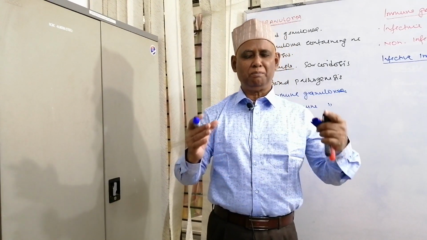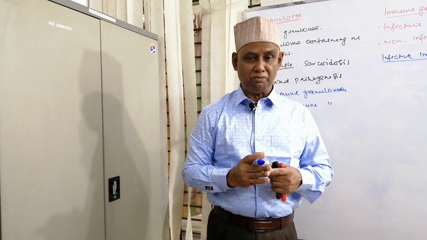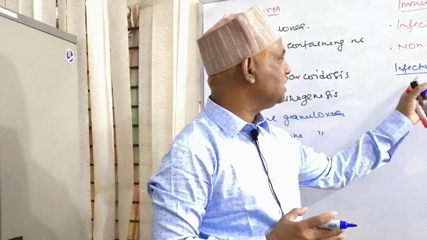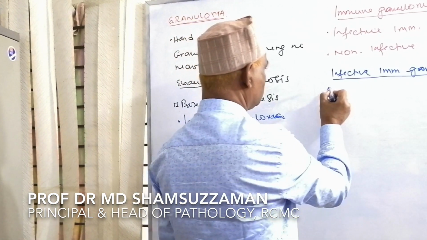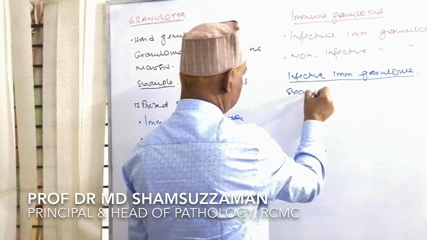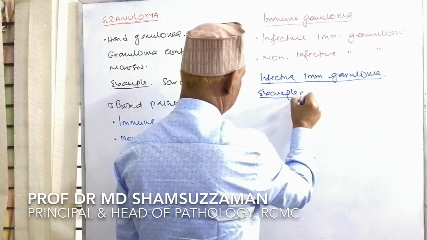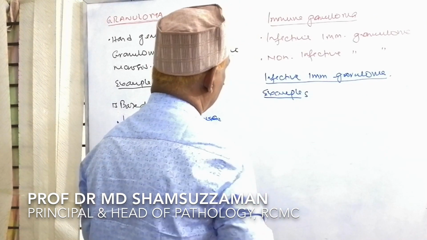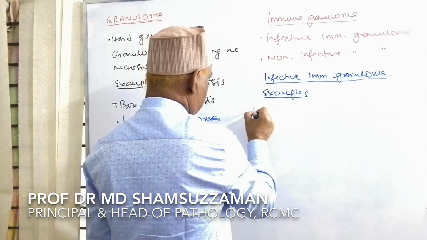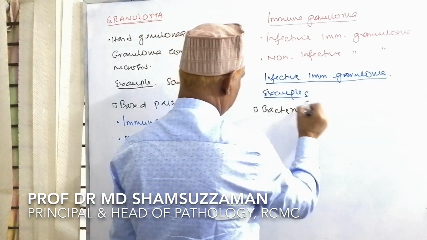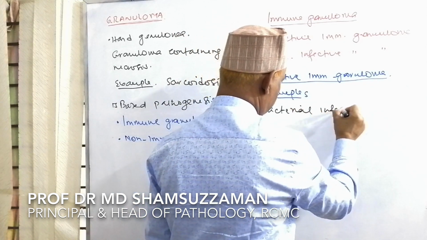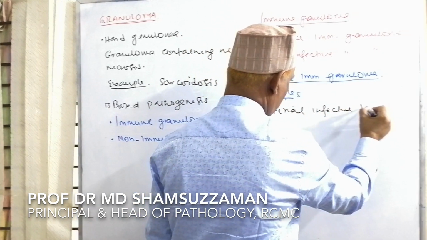Inflammation caused by microorganism is called infection. So now come to examples of infective immune granuloma. It may be bacterial infective immune granuloma.